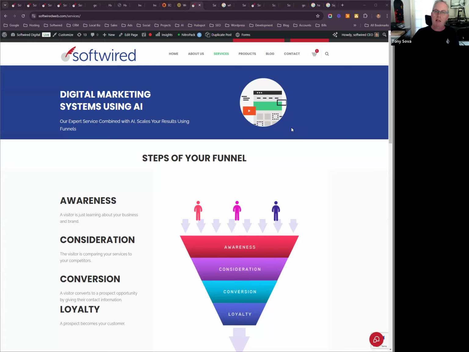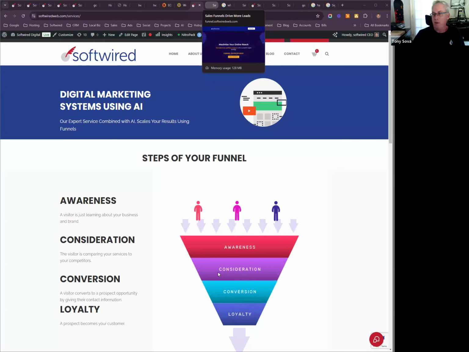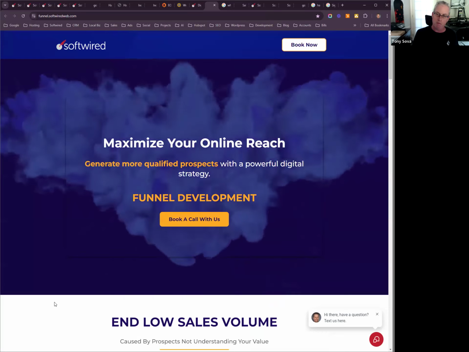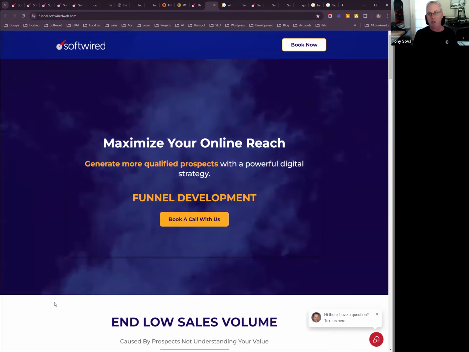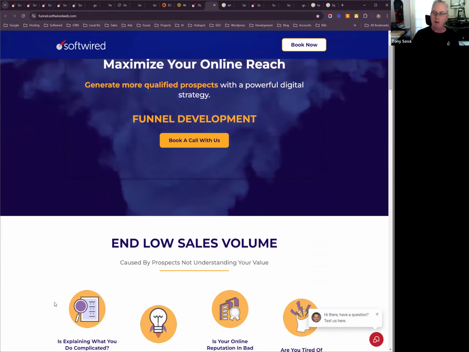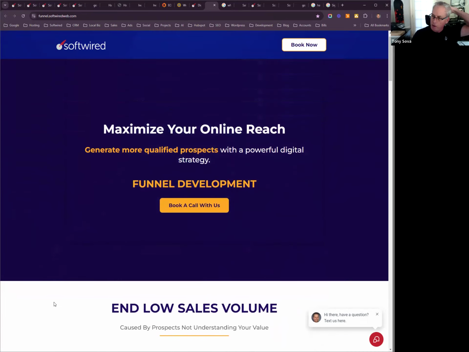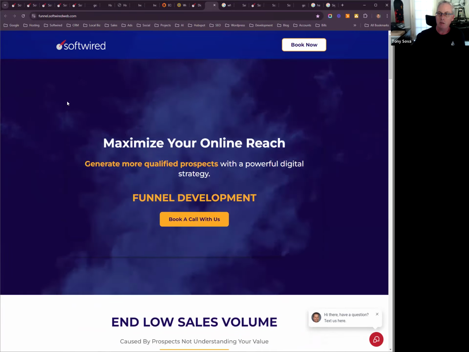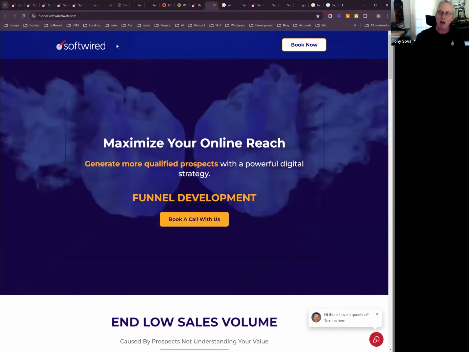And then as you're getting closer to the conversion, you might end up on an actual landing page, which is a sales funnel. There are lots of different visuals that do different things, but this particular funnel really describes the difference between a website and a funnel. The point of the funnel here is to give more information. And if you notice, there are no links at the top.